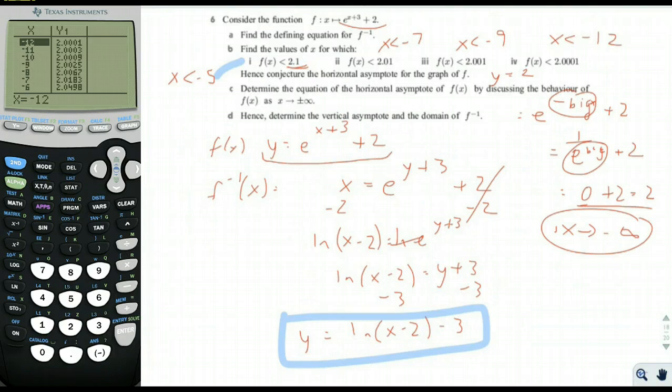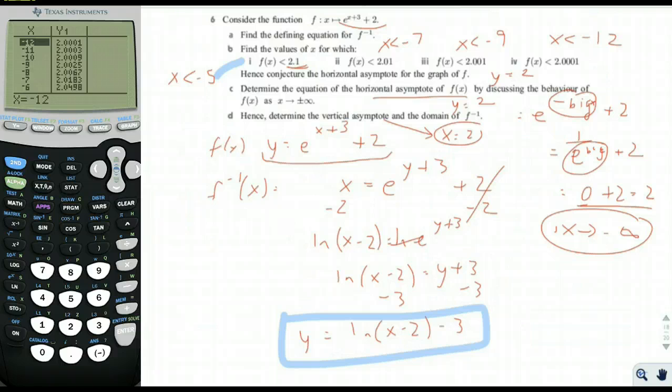D. Determine the vertical asymptote in the domain of f inverse. Well, if there's a horizontal asymptote of f of x, and it's at y equals 2, then the vertical asymptote of f inverse is going to be at x equals 2, because it's the opposite. What's the domain of f inverse?